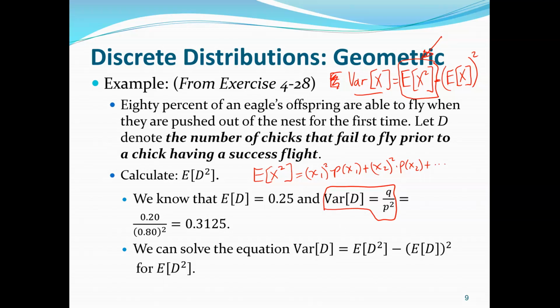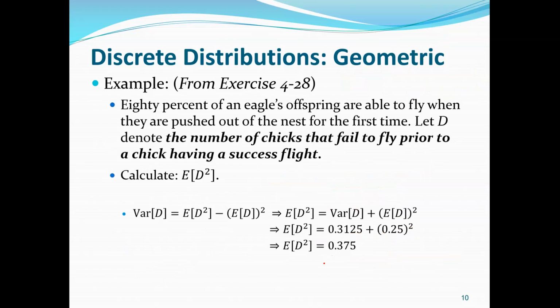0.3125. So now my equation becomes, if I solve this equation for the expected value of D squared, I have to add this value to both sides of the equation.